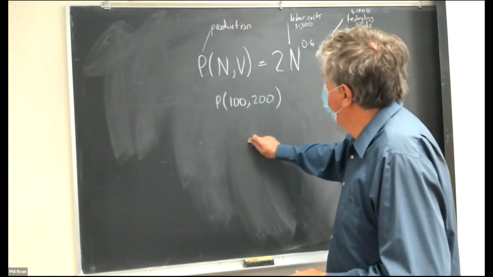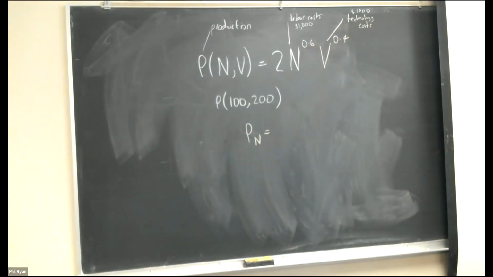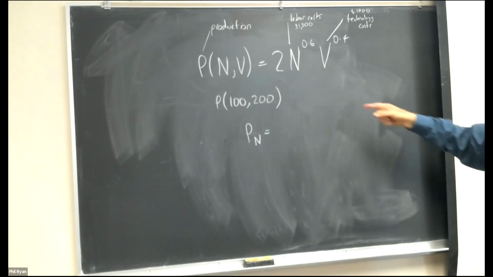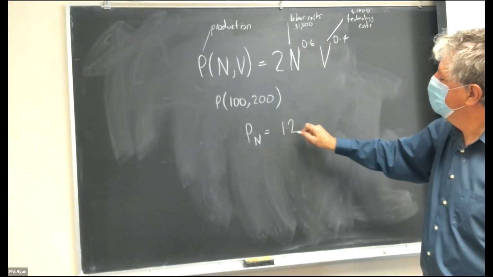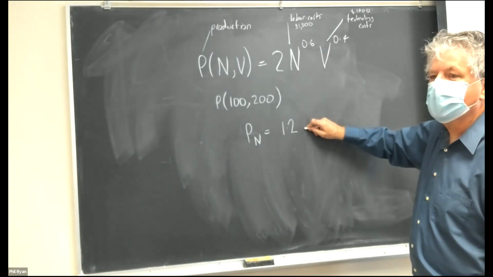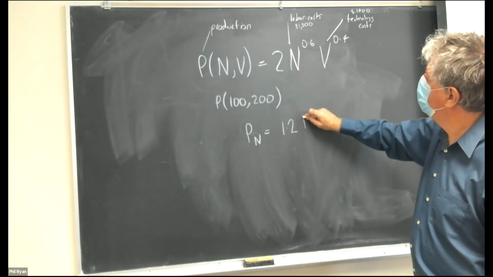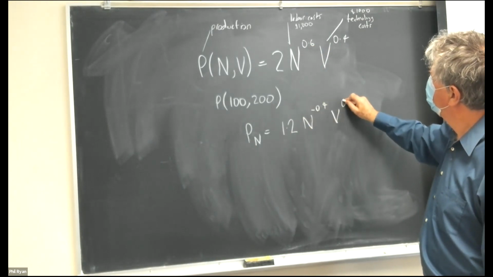So let's have a look at Pn. And Pn says that we're going to keep technology fixed, and we're going to see what happens when we change the amount of money that we spend on workers. Okay, so this is just a power rule. So down comes the 0.6. We subtract 1 from the exponent here, so we get n to the minus 0.4. We get v to the 0.4.